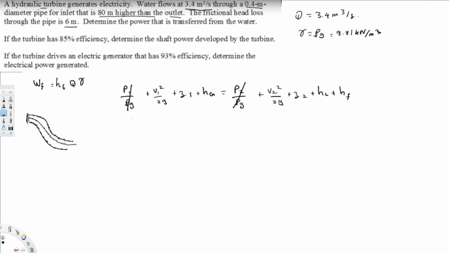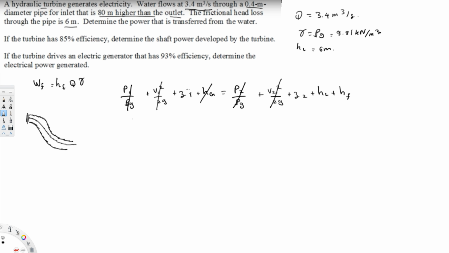So we can cancel this velocity too. Also we don't have any head gain that's provided, so we can cancel that one too. Head loss is provided: frictionless head loss through the pipe is 6 meter, so we can note that one down. Head loss is equal to 6 meter.